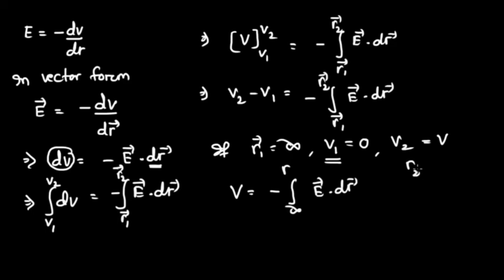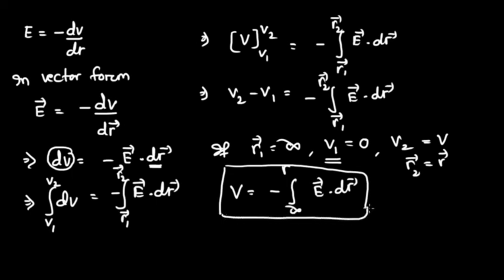I have written r2 vector equal to r. When r1 is at infinity, then I can choose r2 vector equal to r, which is at a finite distance, and when r1 is infinity, V1 is 0 and I will choose V2 as V. So V is equal to minus of integration from infinity to r of E dot dr. So using this formula, you can also calculate the potential due to a point charge, meaning the work done to bring a unit positive charge from infinity to the given point.